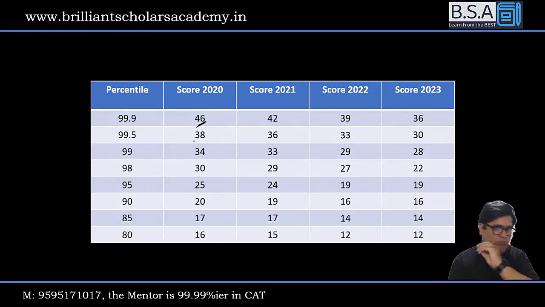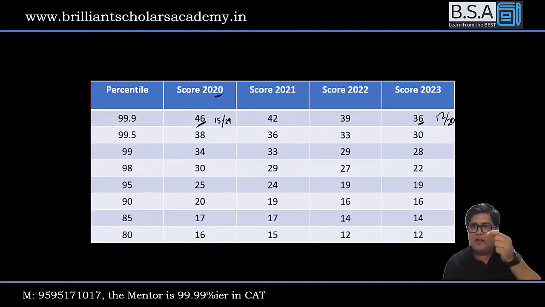Assuming everything is perfect and you are answering everything accurately, you will need 15 questions out of 24. Here there were 24 questions. How many questions do you need to answer now? Exactly, precisely 12 questions out of 20. So as the years have progressed, you will need to attempt fewer and fewer questions for the same percentile.